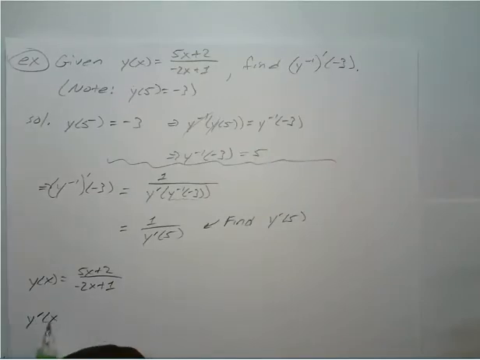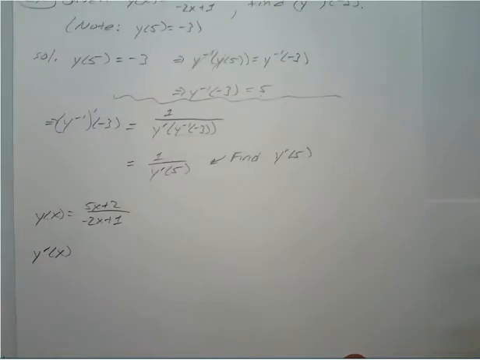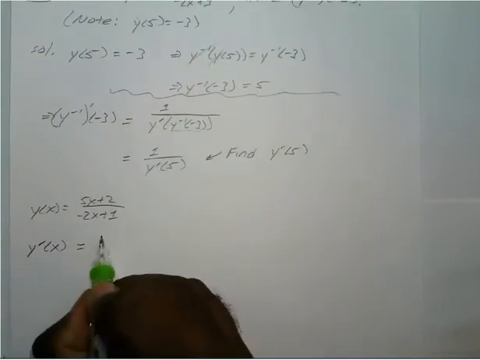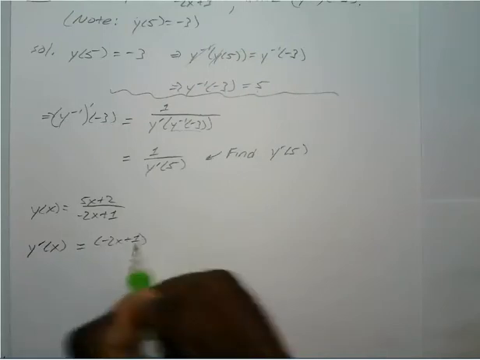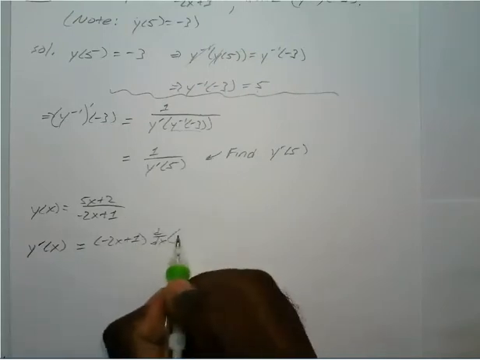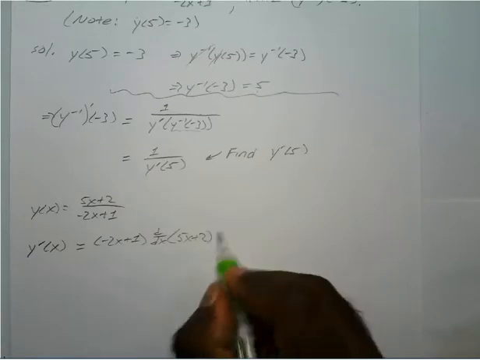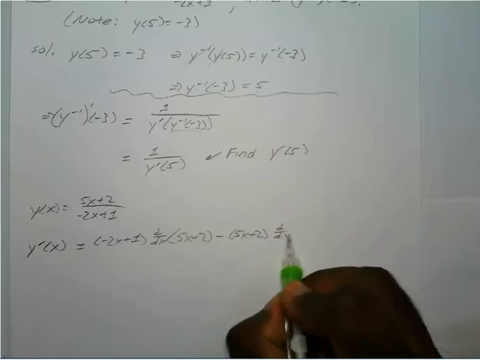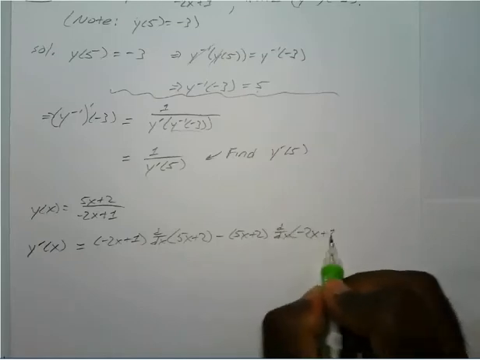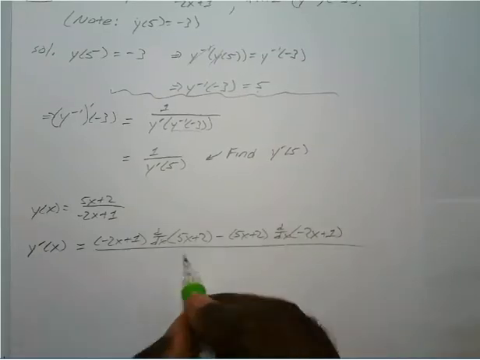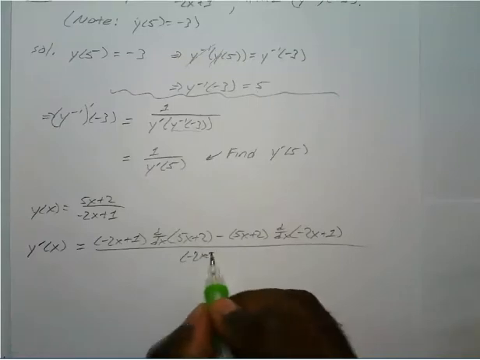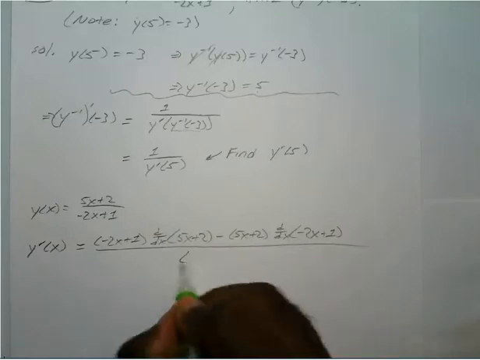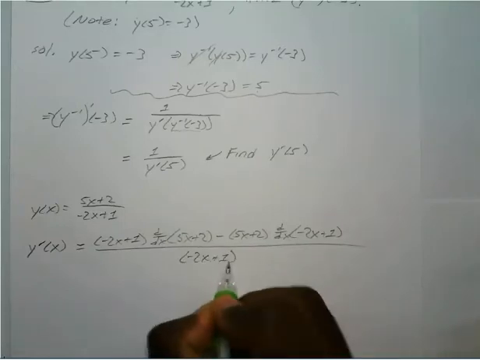Now y prime of x is equal to the denominator, negative 2x plus 1, times the derivative of the numerator, minus the numerator times the derivative of the denominator, all over your denominator squared. Negative 2x plus 1, squared.